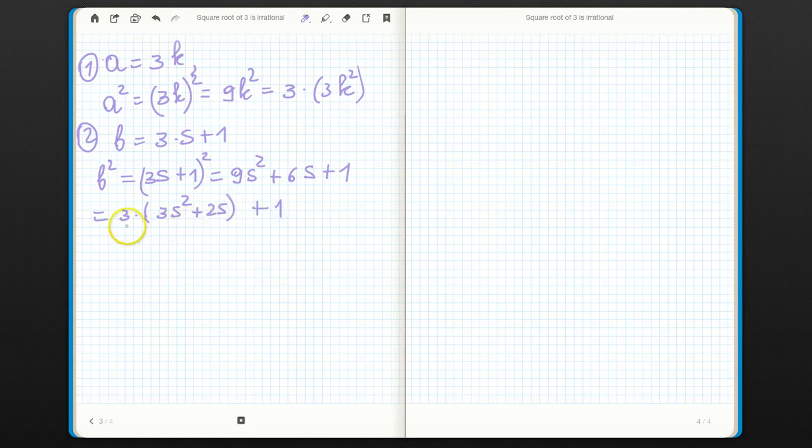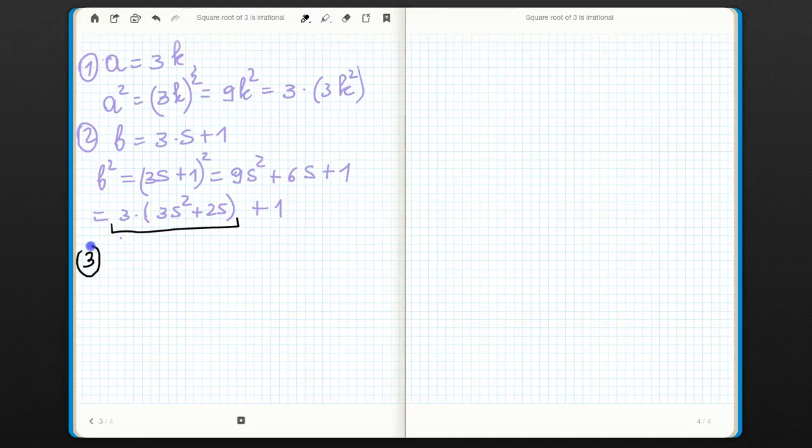So this part is 3 times something, divisible by 3, and by adding 1 we are not divisible by 3 anymore. So b squared isn't divisible by 3 either. We proved it right here.